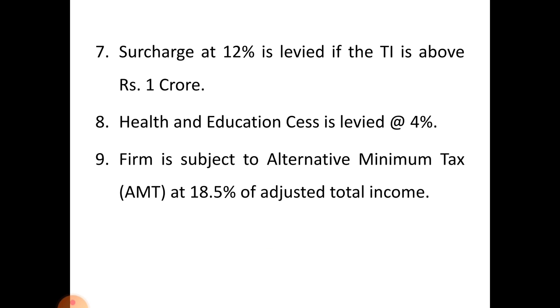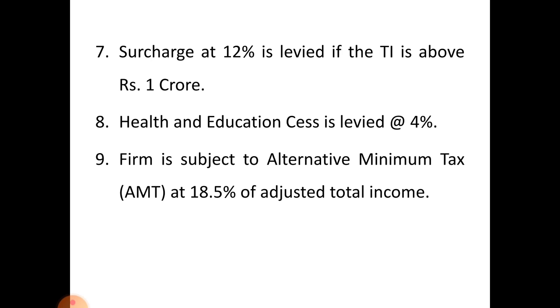In case of assessment of individuals, there are different rates of surcharge, that is above 50 lakhs 10%, above 1 crore and below 2 crores 15%, above 2 crores 25% and above 5 crores 37% etc. But in case of assessment of a partnership firm, surcharge is levied at the rate of 12% on total income if the income of that firm is above 1 crore.